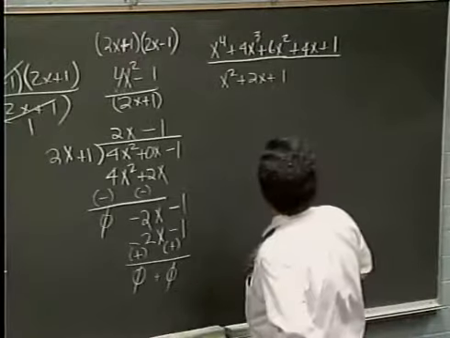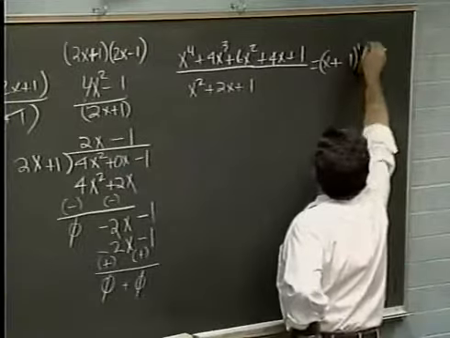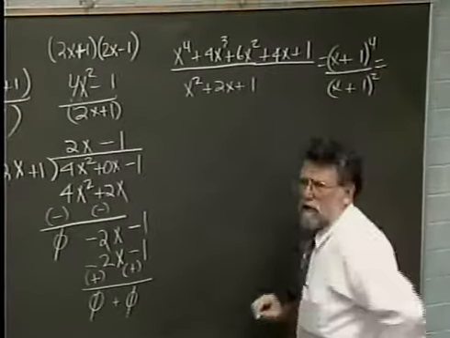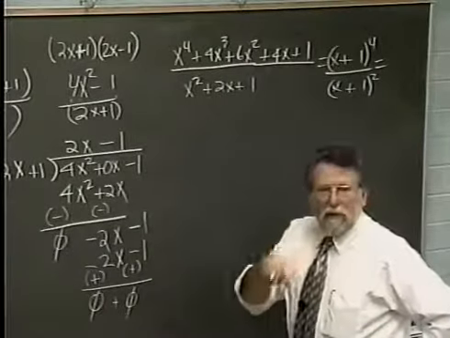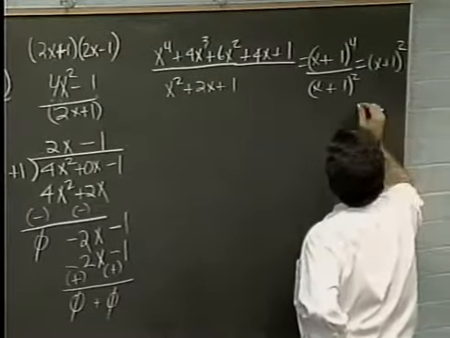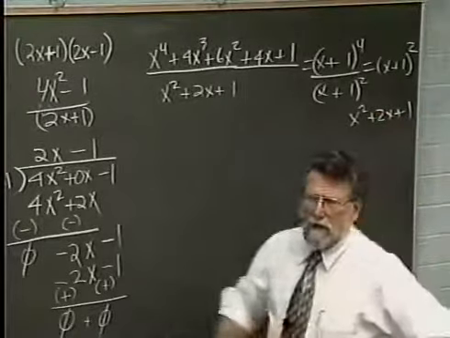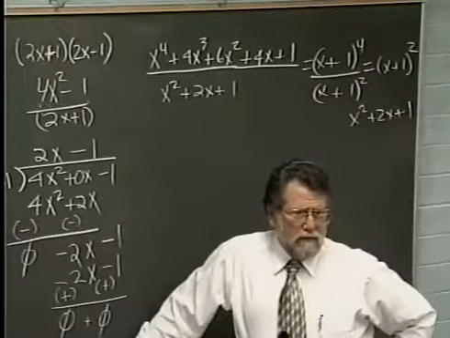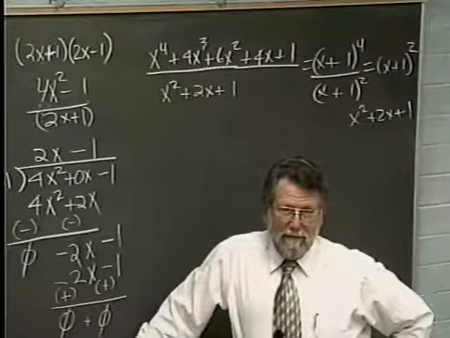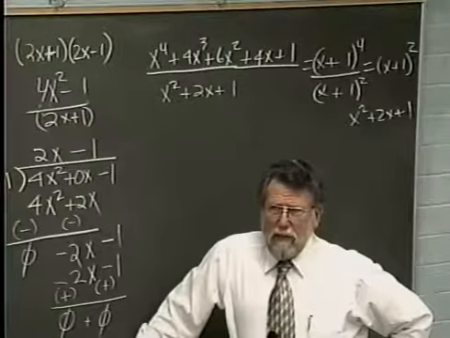So if this is really x plus 1 to the 4th over x plus 1 to the 2nd, then what is my answer going to be? X plus 1 to the 2nd, which we know is x squared plus 2x plus 1, so we know what the answer is going to be. So it's nice when you rig the problem. We know what we're going to get and why.